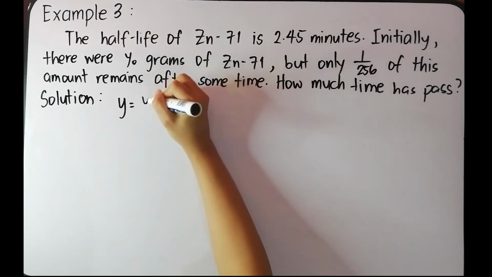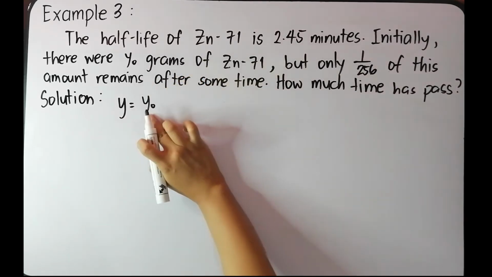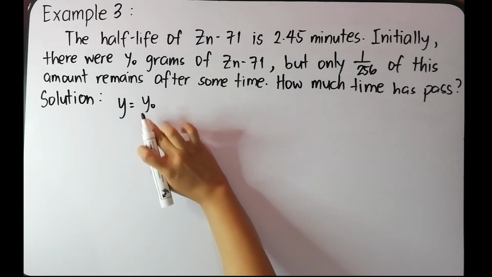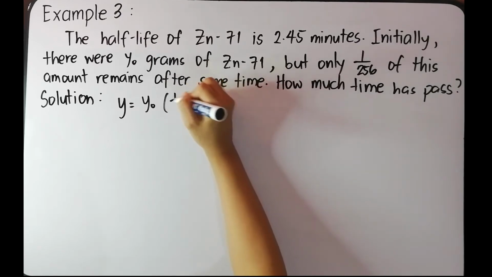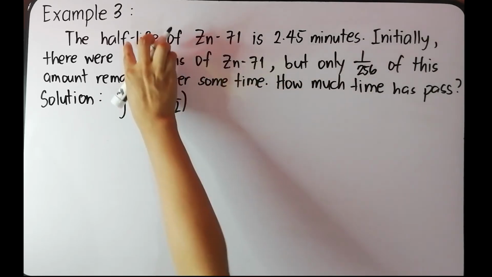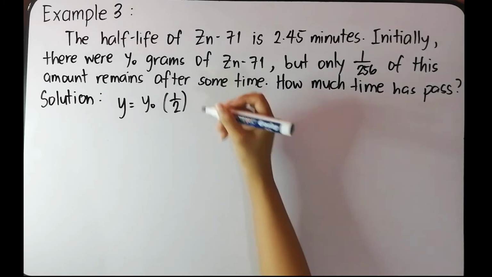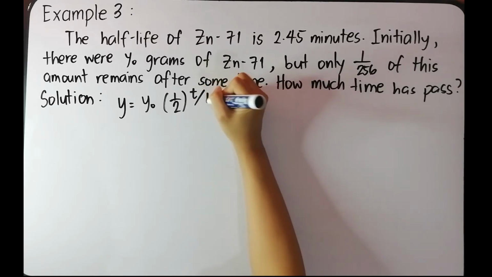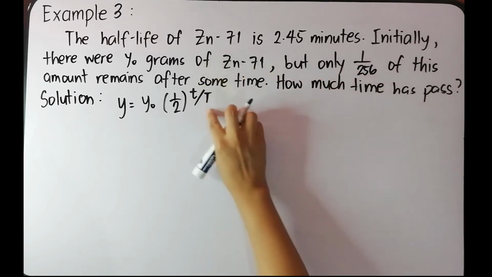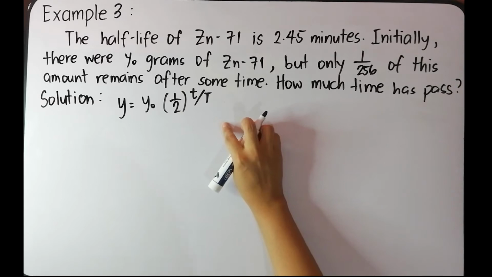And we have y sub 0, which is the initial amount of the substance multiplied by 1/2 because of half-life. Then we have time over the half-life of the substance.